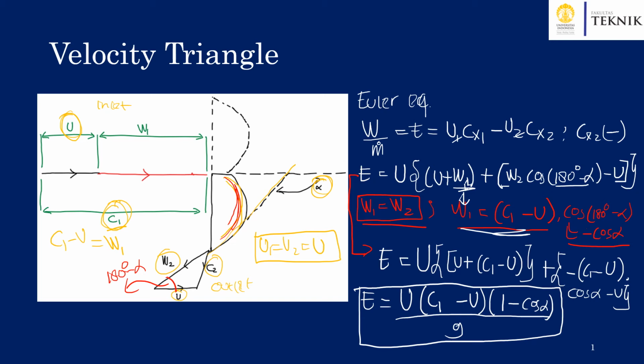In the case of maximum flow conditions, where dE per dU is equal to 0, where the Euler head does not change over the velocity of the bucket, we can write down the equation for E max.